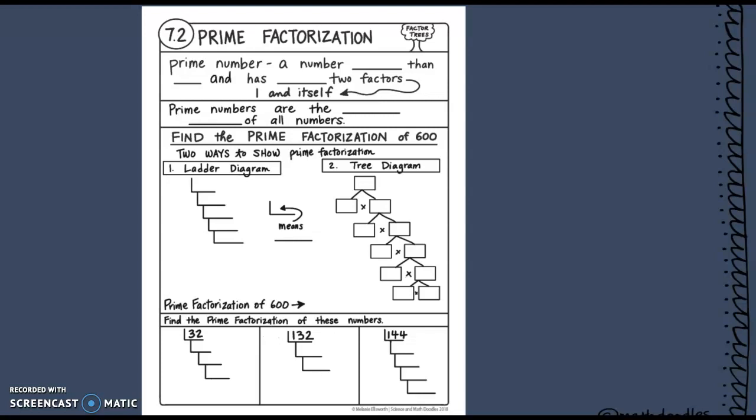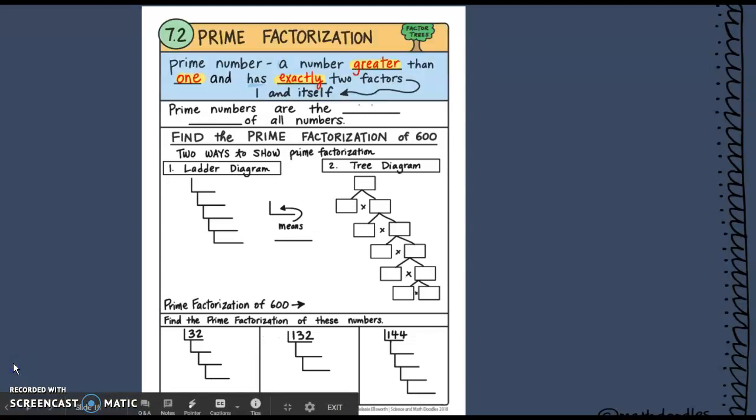The first thing we need to know about prime factorization is the word prime. A prime number is a number that is greater than 1 and has exactly 2 factors, 1 and itself. Some examples of prime numbers would be 2, 3, 5, 7, 11, 13, 17.